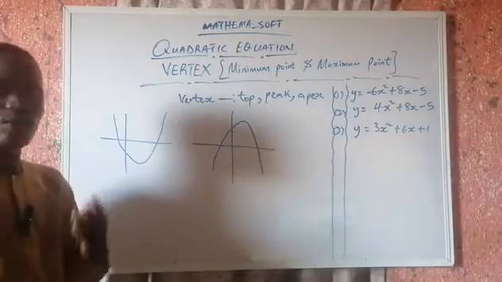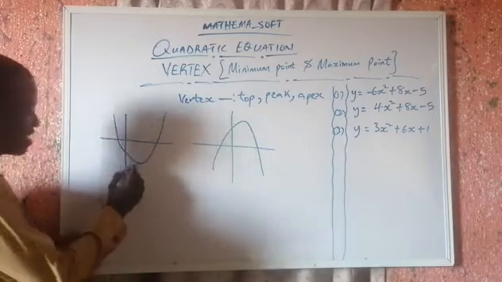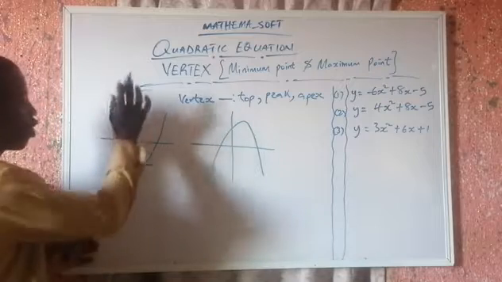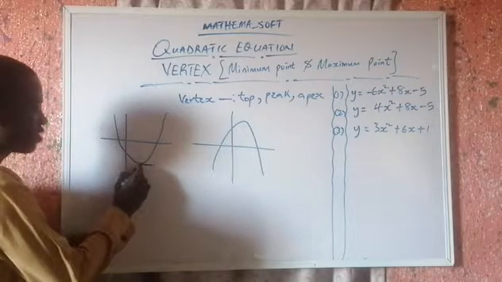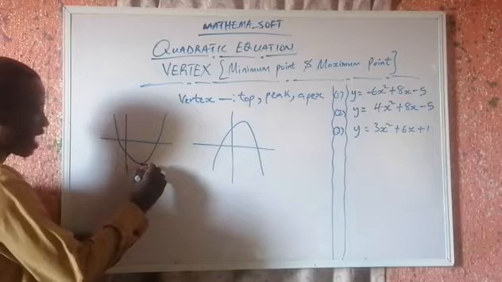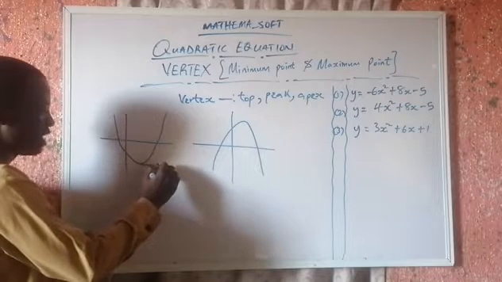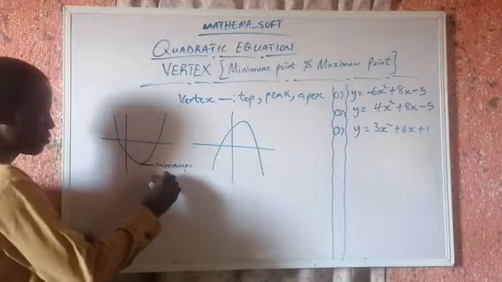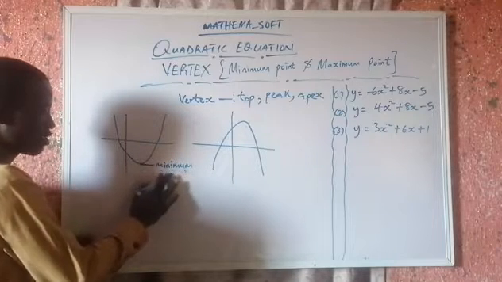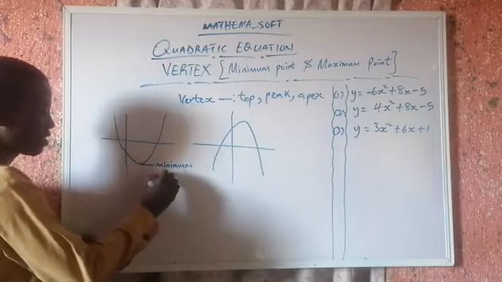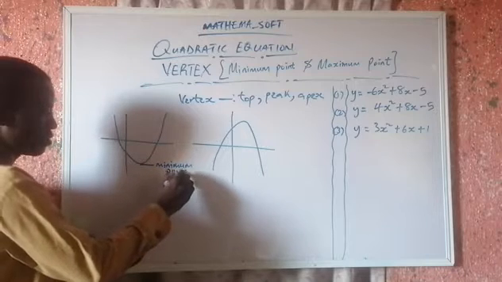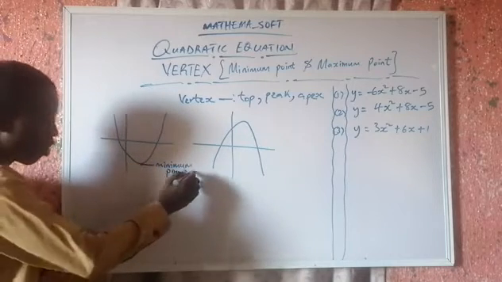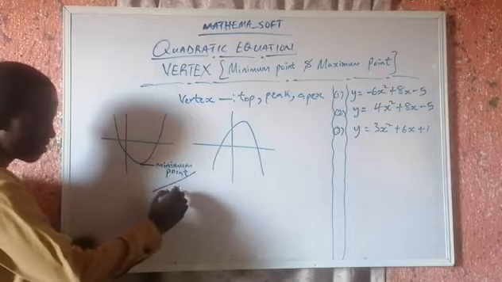When the quadratic equation is a U shape, that is, it opens up, the point, which is the peak here, can only give us the minimum point, or we call it the vertex.